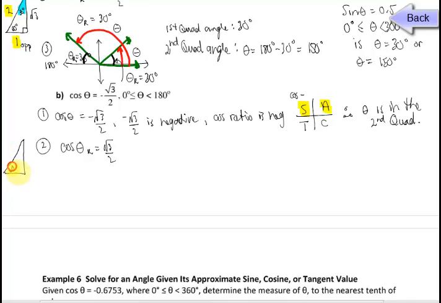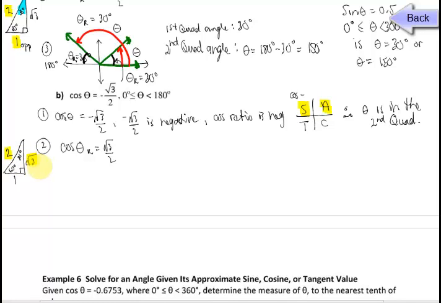Here we have 60, 30, 90. Okay, so here's our 30, 60, 90 triangle. Side opposite the 30 is 1, side opposite the 60 is root 3, and side opposite the 90 is the hypotenuse, 2. I know that cos of theta is adjacent over hypotenuse, and my root 3 needs to be the adjacent side.